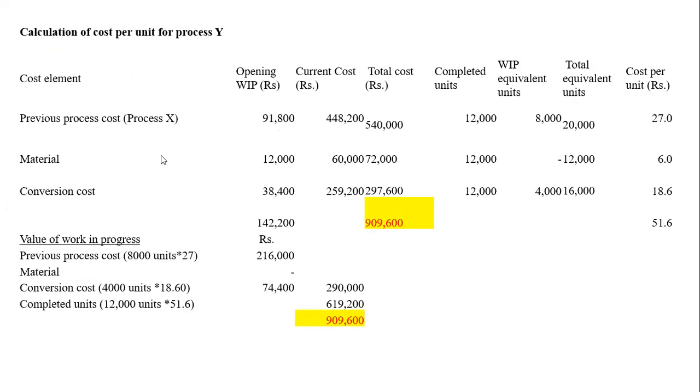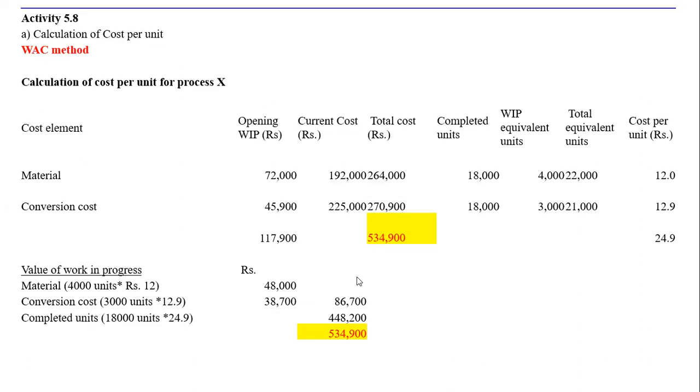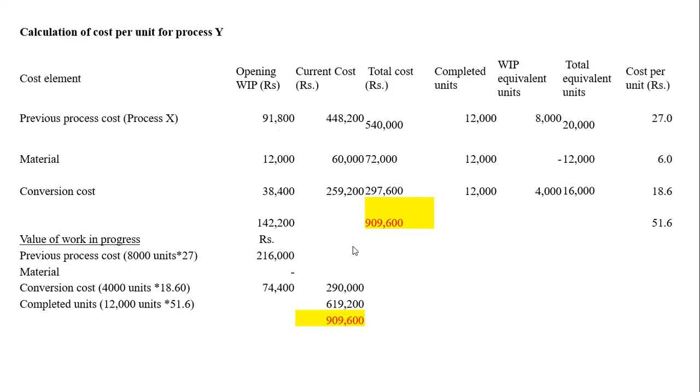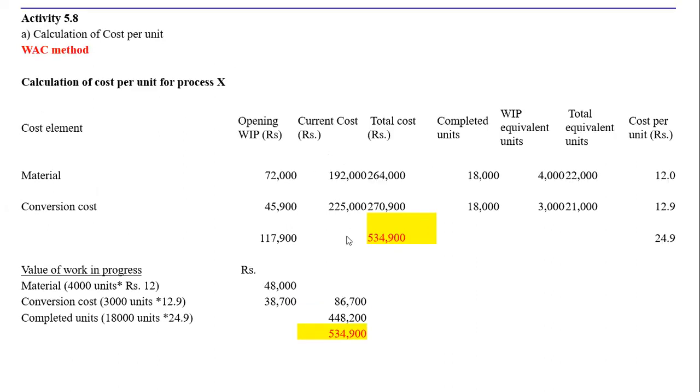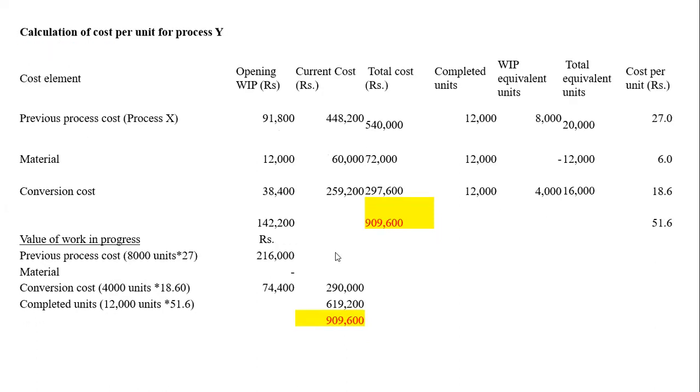Process Y. You can notice in process Y, the previous process cost of process X comes in. Here the amount is 448,200.